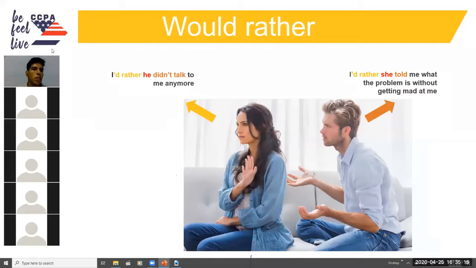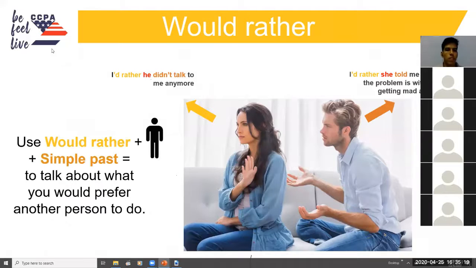So what do we notice here? We have another use of would rather. We can use would rather plus subject plus simple past to talk about what you would prefer another person to do. So you are talking about somebody else and you would like them to do something. So that is the structure. Would rather plus subject plus simple past.